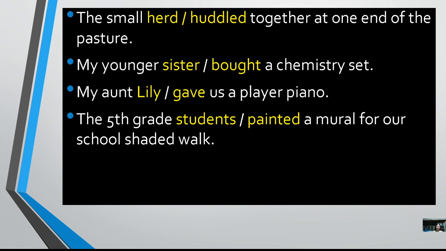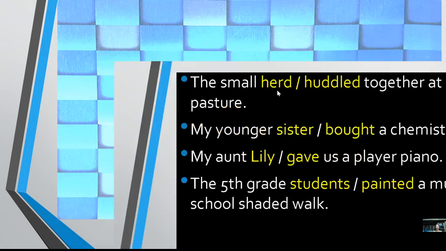You will study about noun substitutes later on. And then the headword in the predicate is always a verb. We have huddled, bought, gave, and painted. These are all verbs, right?